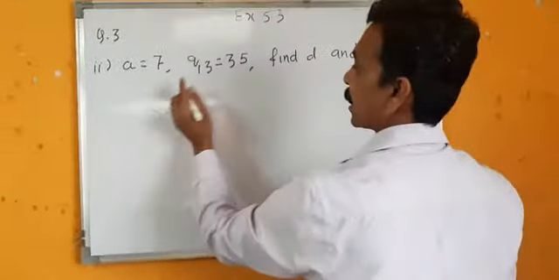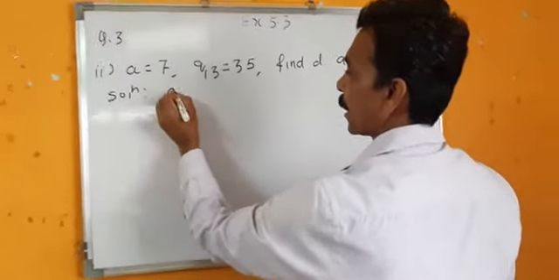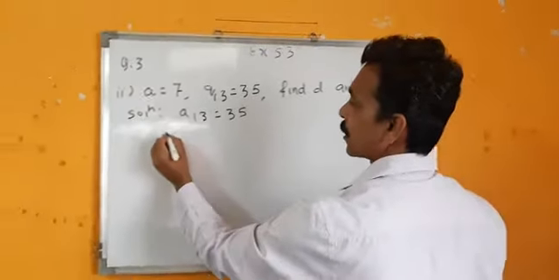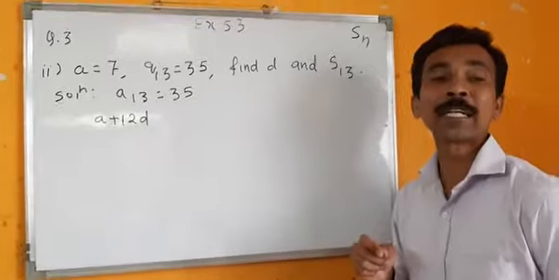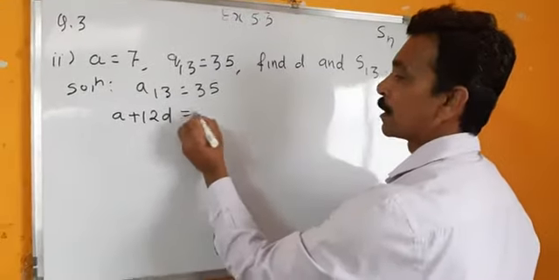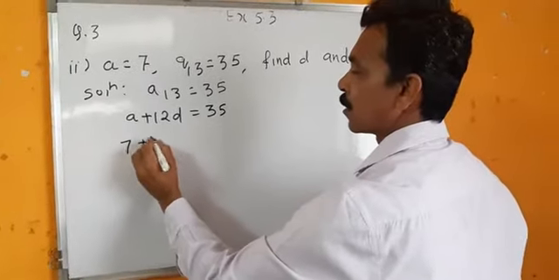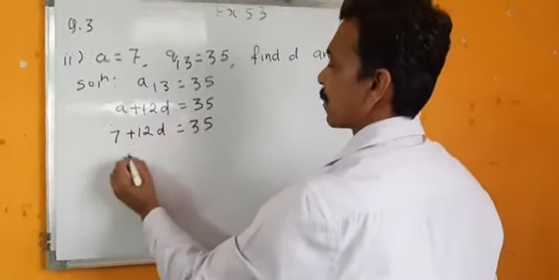First I'll use a13 is equal to 35 to get some value. a13 means a plus 12d, because a13 is written as a plus 12d is equal to 35.